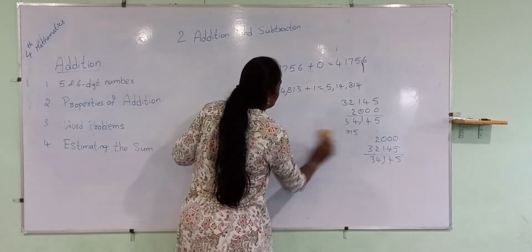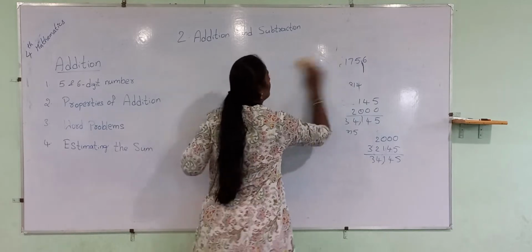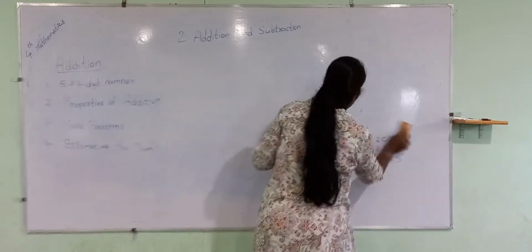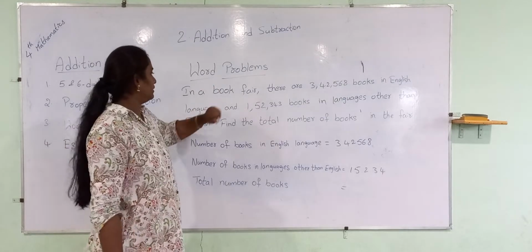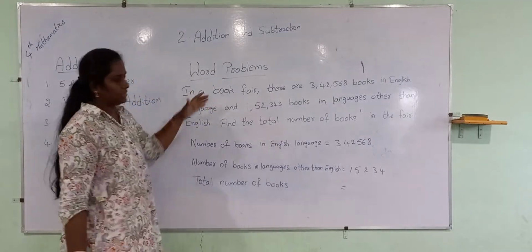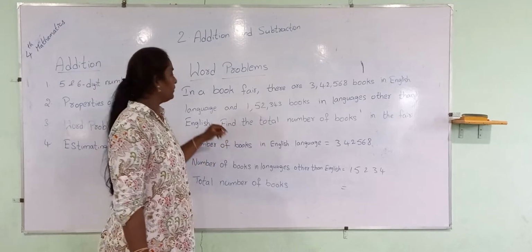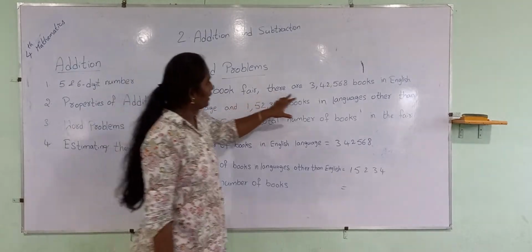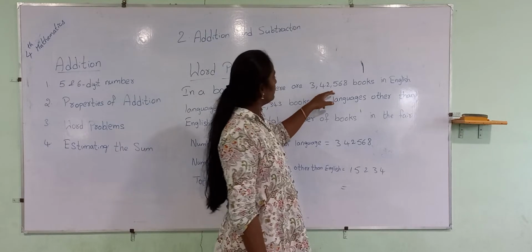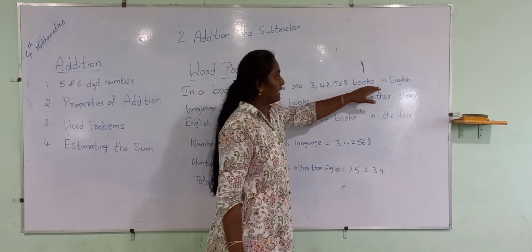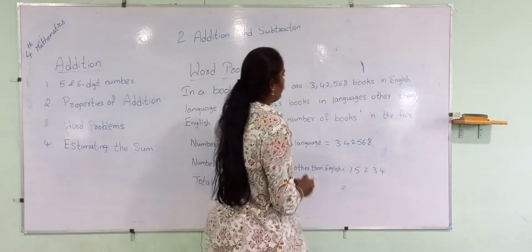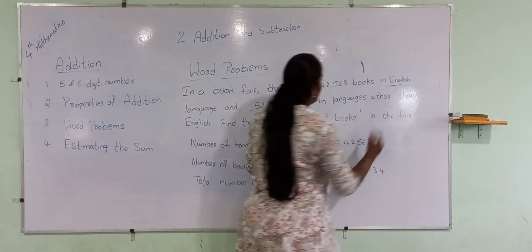Word problems. First, read the question. Understand the question. In a book fair, there are 3,42,568 books in English.